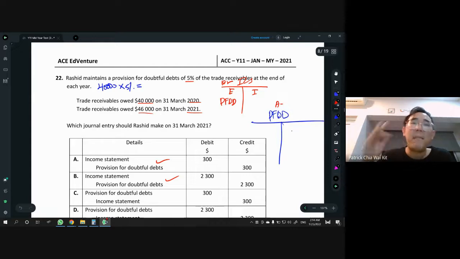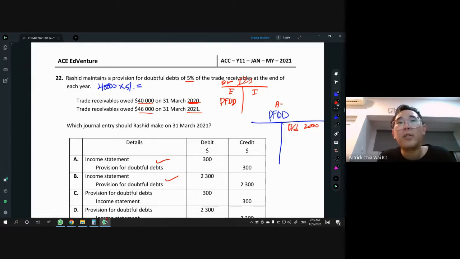A minus account, balance BD is always on the right hand side. So this is the top one, because this is the first year, the starting. 31st March 2020 means 1st April 2020. Anyway, balance BD is on the right hand side, the top one. So 2,000 is here. Then in 2021, it increased to 4,600. So take the 4,600 times 5%, right?